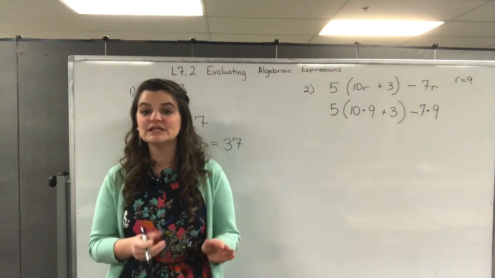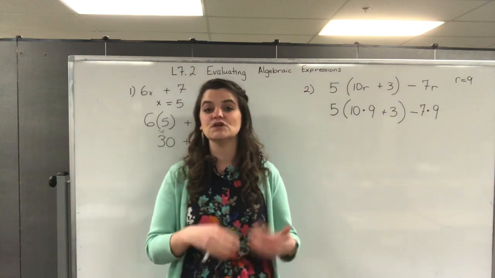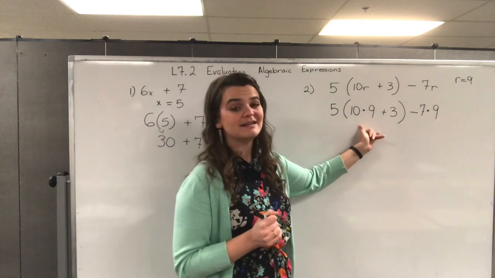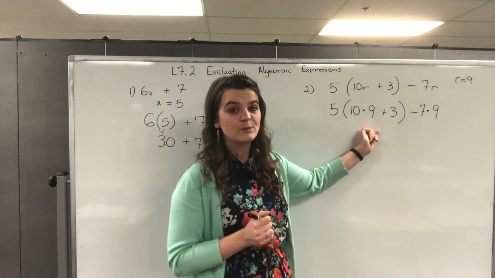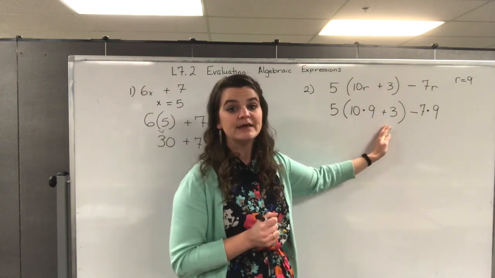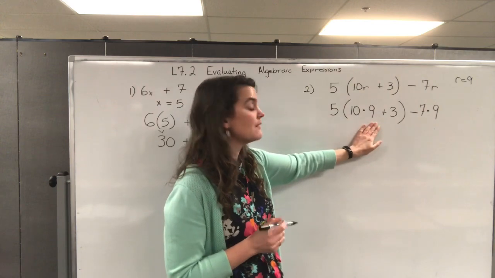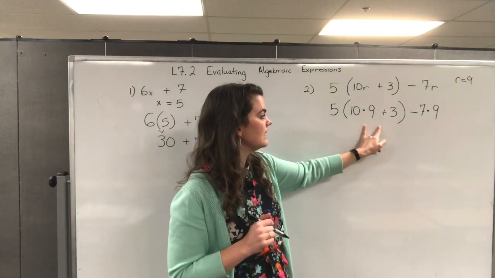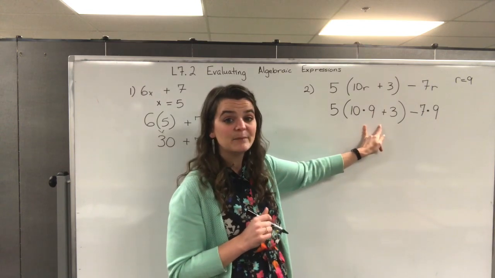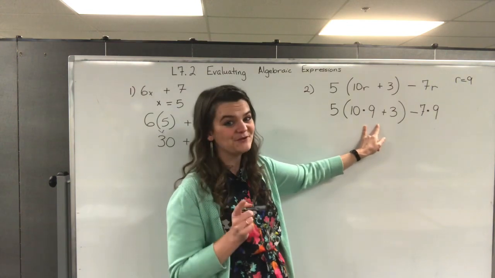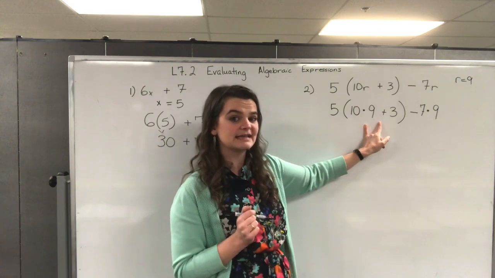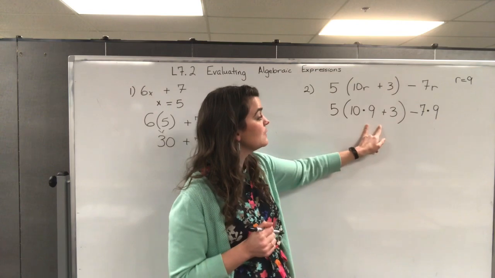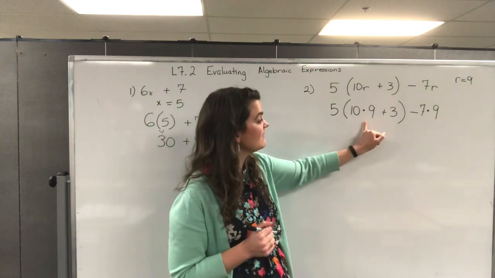And our order of operations, PEMDAS, tells us to do parentheses first. So we're going to go to this set of parentheses. Well, in this set of parentheses, we have multiple operations to do. And so we go to our set of parentheses and we start again to go through our order of operations. Are there any parentheses inside the parentheses? Not here, though you can have that. Are there any exponents inside the parentheses? Not here. So we move on to multiplication or division, and we do have multiplication.